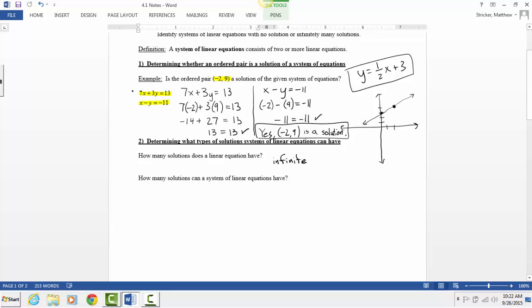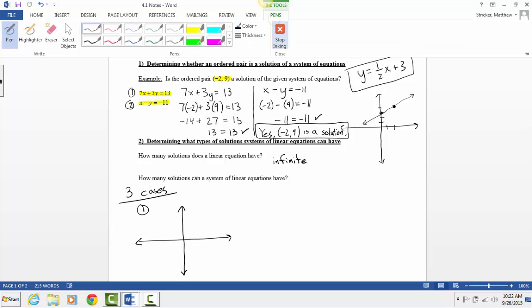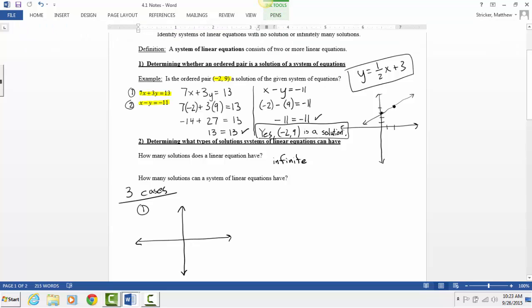Which brings us to the idea of a linear system, because now we're not just talking about one line with an infinite number of solutions. We're now talking about one line and a second line, so two lines. And really there's three different cases that can happen. The first case is that we have two different lines. First line, say, is in red, and then let's say the second line is in blue here.